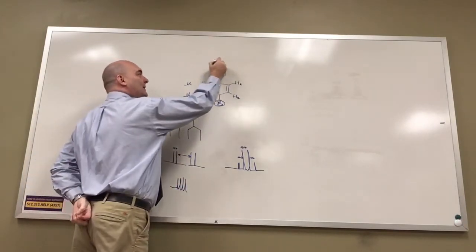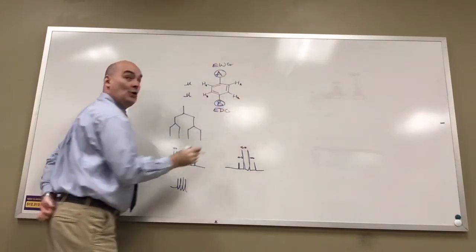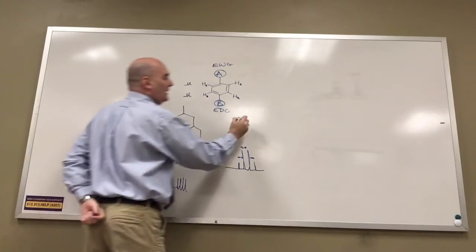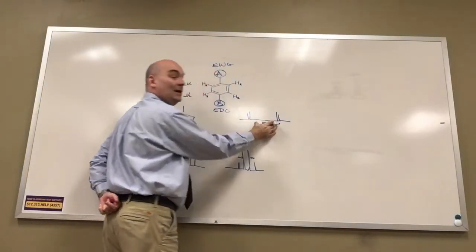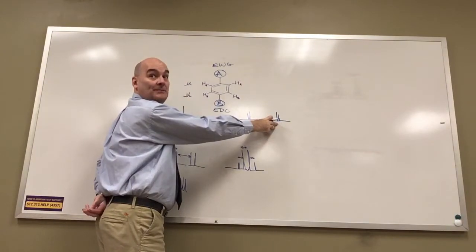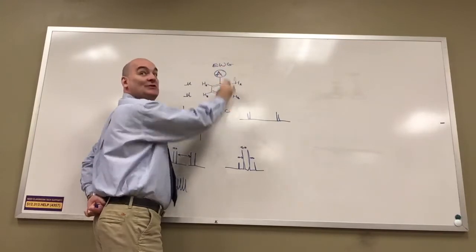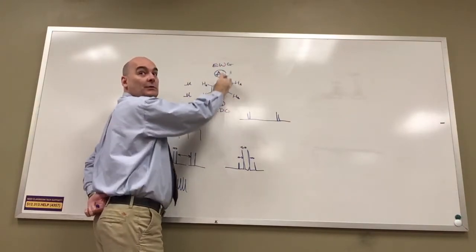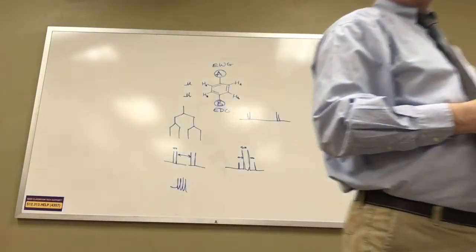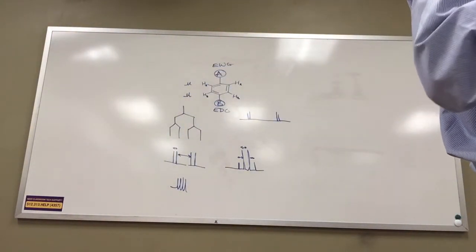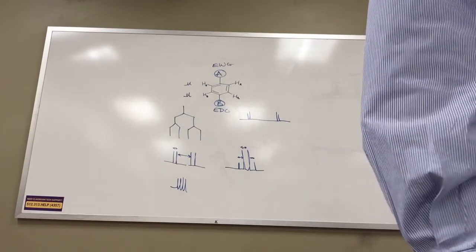If I make this an electron withdrawing group and that one an electron donating group, then I get a great big gap between them. So this central gap depends on how different those groups are. Look at your spectrum. How big is the gap? 3.4. Okay.